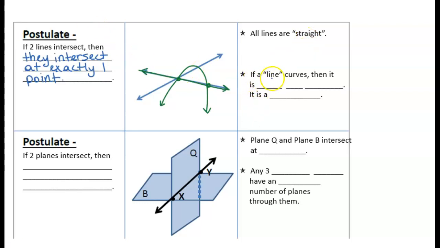So if a line curves, then it is not a line. It is a curve. So this example that I drew here, this first green piece, that is a line, but this second green piece is not a line, that's a curve. In fact, it almost looks parabolic. So that is a curve.